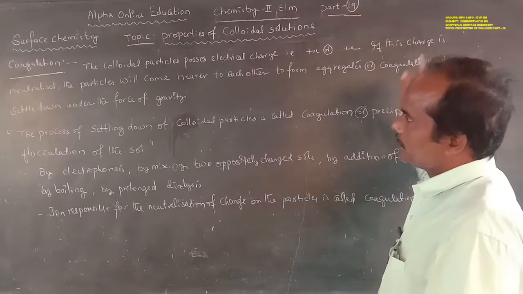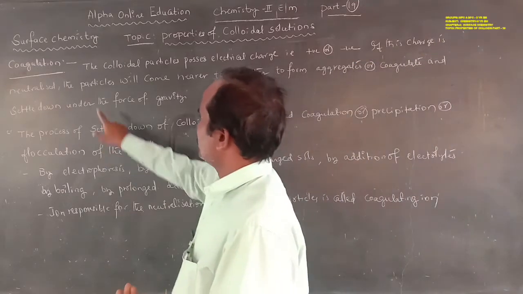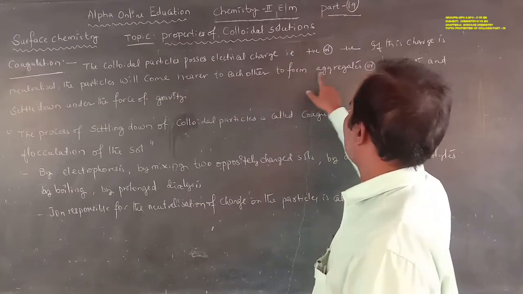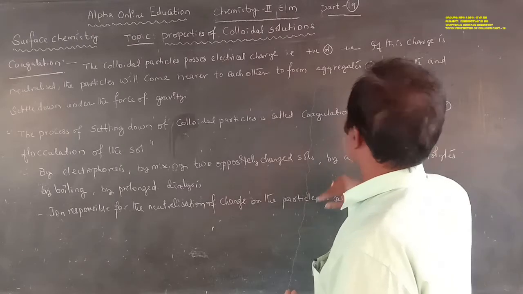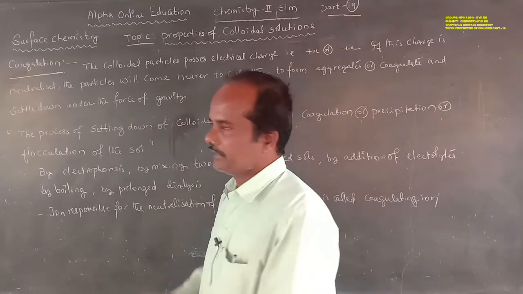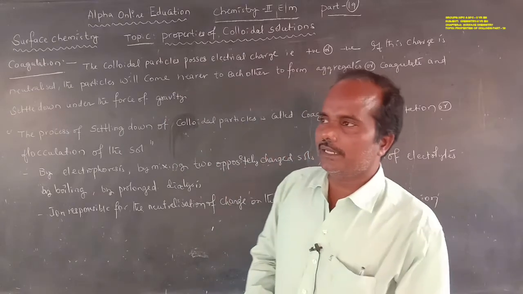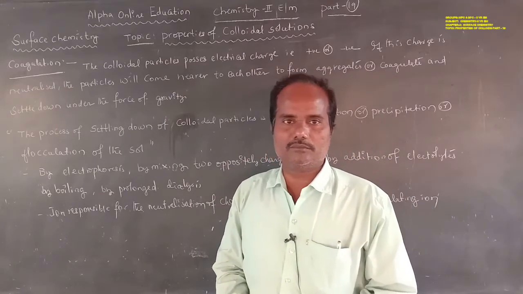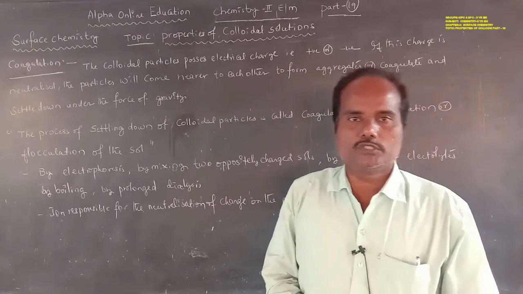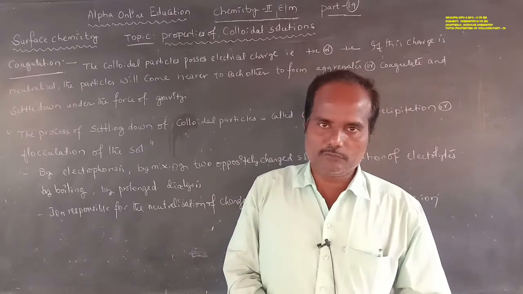If this charge is neutralized, the particles come nearer to each other to form aggregates, or coagulate, and settle down under the force of gravity. The electrophoresis experiment confirmed that colloidal particles are charged particles.